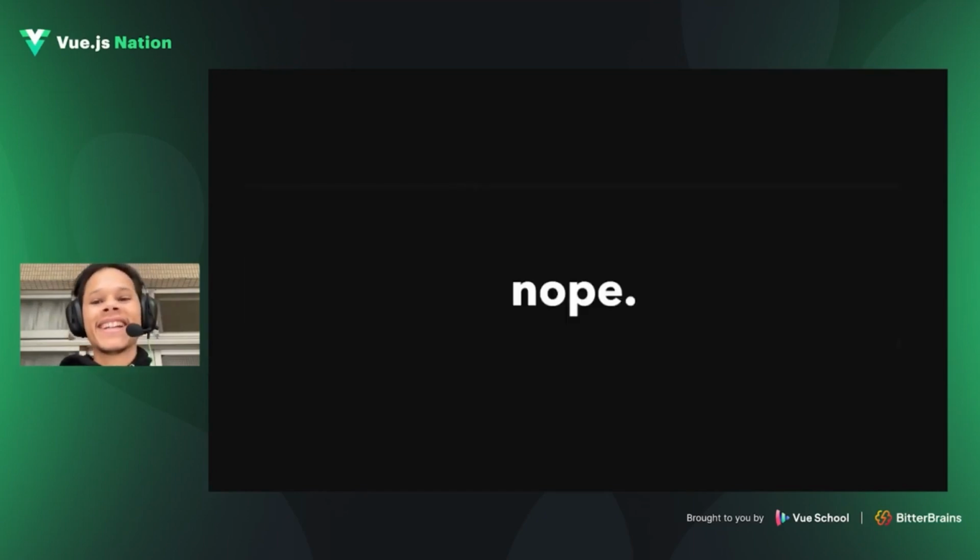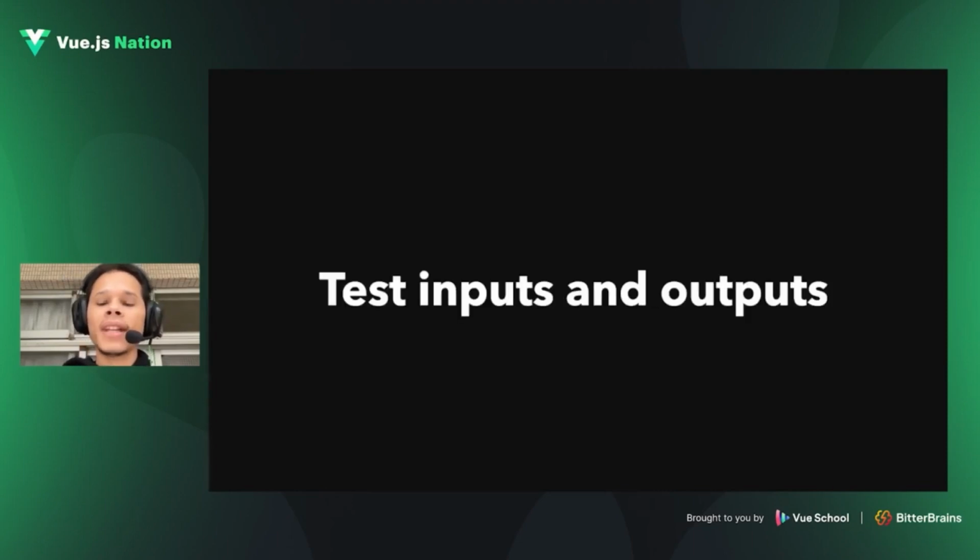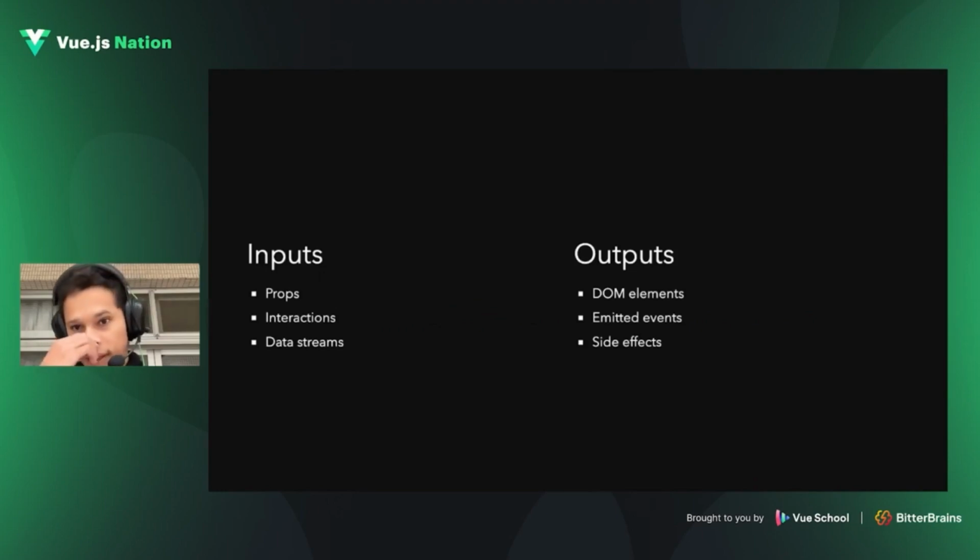Yeah, probably not. First of all, we have a tiny problem, which is that with this way of doing it, we pretty much need to write a new mock implementation for every test we have. But the bigger problem is that we are actually testing the implementation detail of our component. And we should only test inputs and outputs, not implementation details of components.